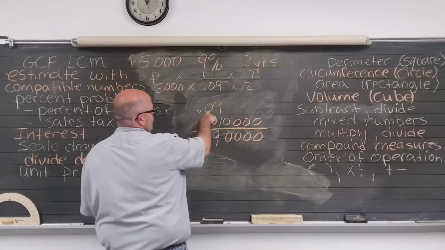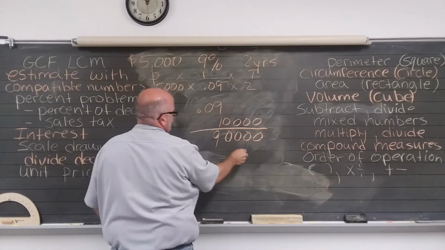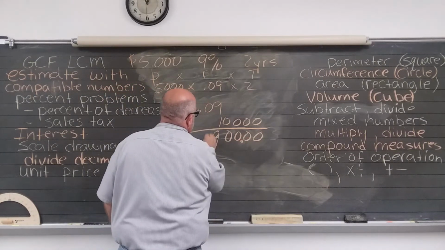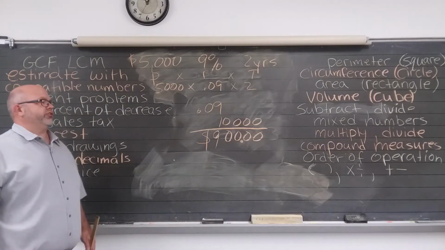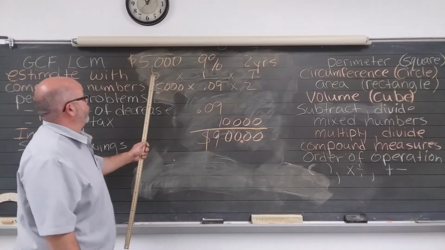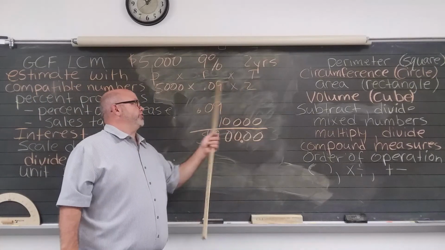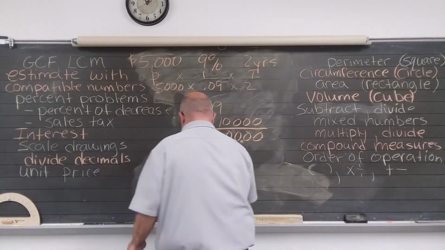Decimal point goes how many places? 1, 2. Answer is $900, $900 interest. Principal times rate times time for interest.